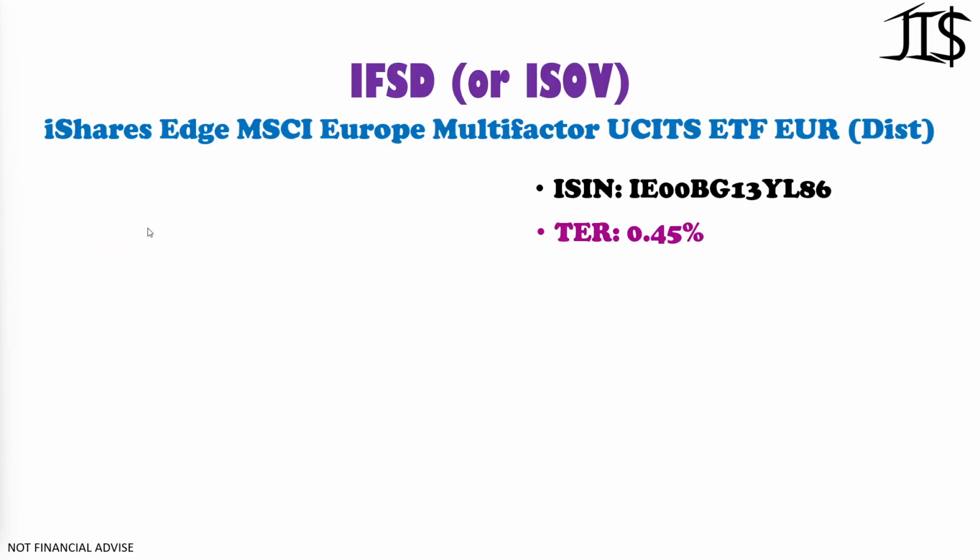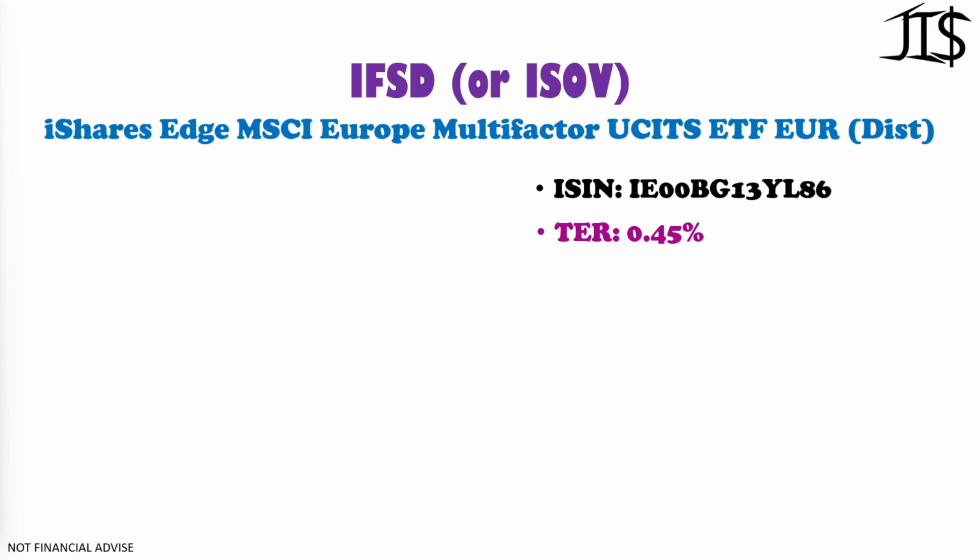So the first one is from iShares, the MSCI Europe Multifactor UCITS ETF, the IFSD. It has a total expense ratio of 0.45%, which is in fact quite high for BlackRock. I don't know why it's 0.20% higher than all the other ETFs that they have around multifactor or factor ETFs.